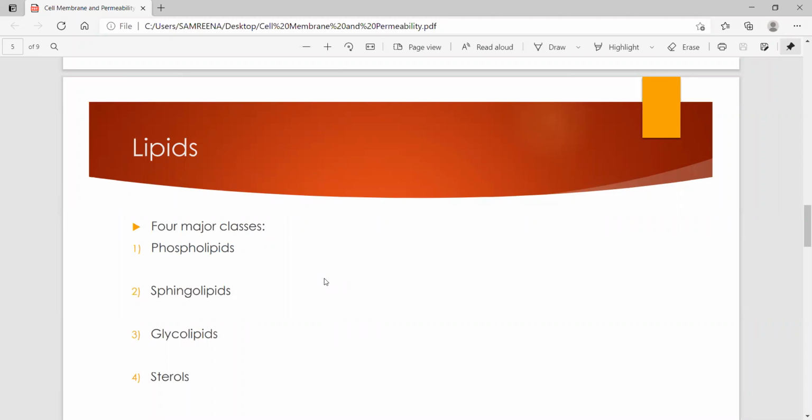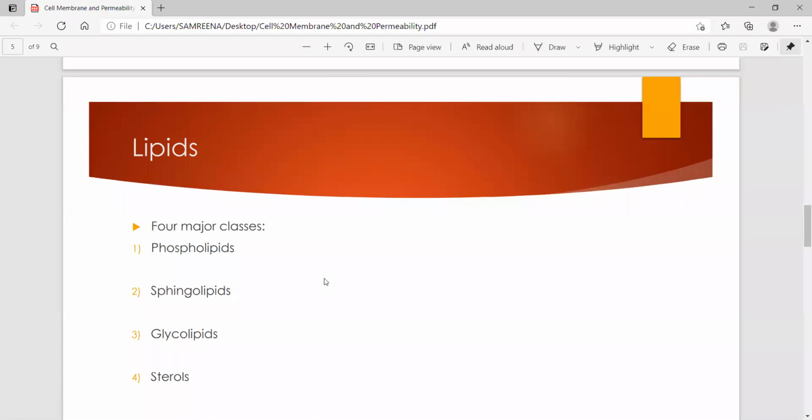These phospholipids may be either acidic phospholipids or neutral phospholipids. The amount of acidic phospholipid is equal to 20% plasma membrane में होता है. और जो हमारा neutral phospholipids है, जो neutral है charge में, it constitutes up to 80%. 20% is acidic and 80% is neutral.